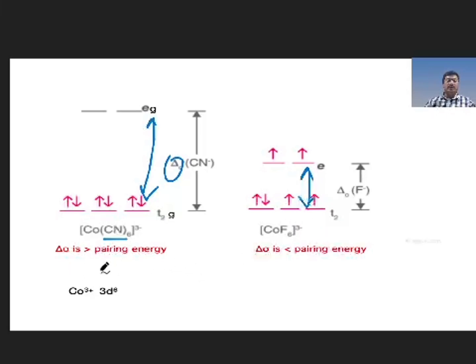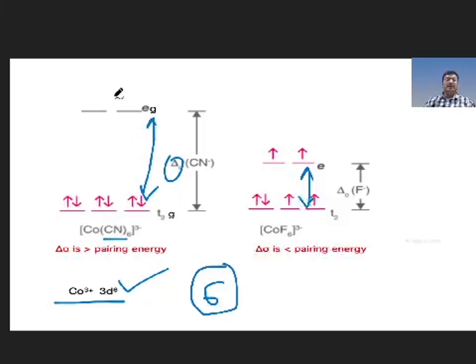And when you come to the electron filling, the cobalt oxidation state in these compounds is +3, and electronic configuration is 3d6. That means the central metal ion has a total of 6 electrons.